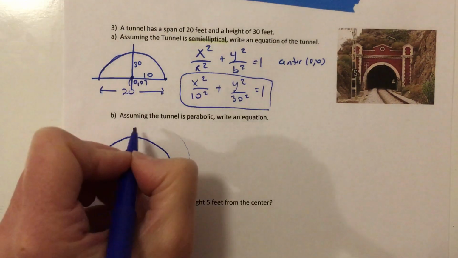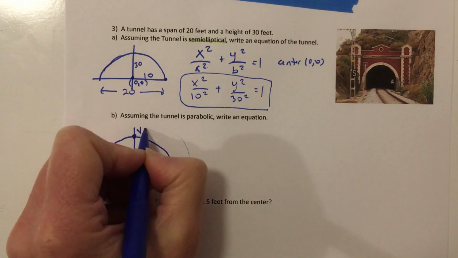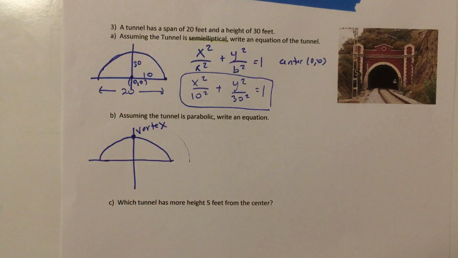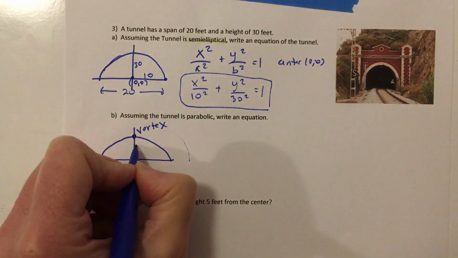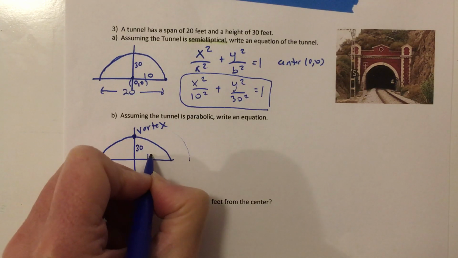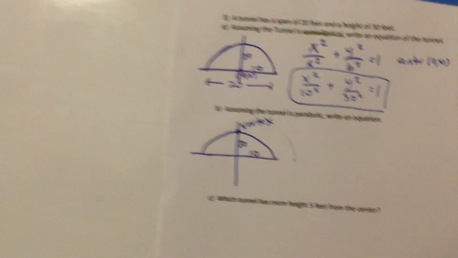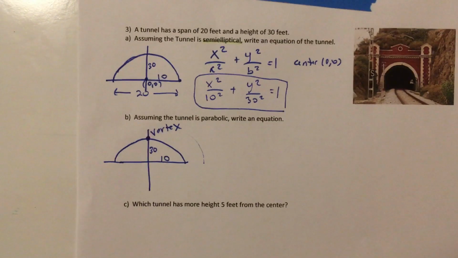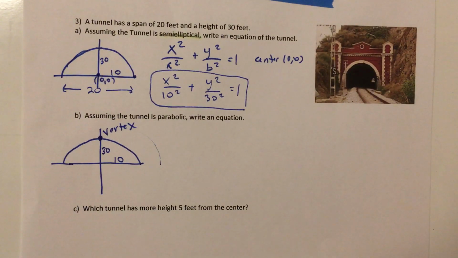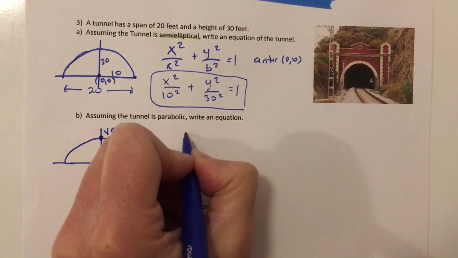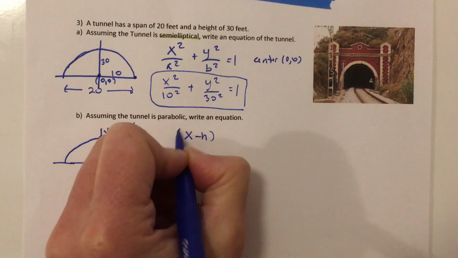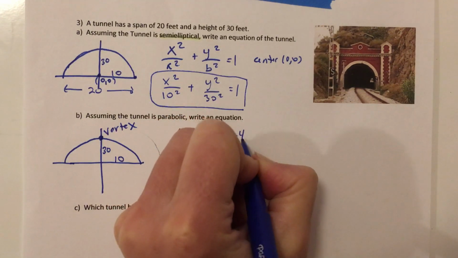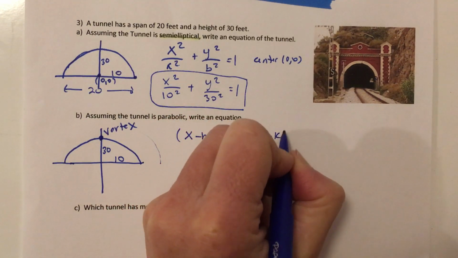So this is the top of my tunnel, so this is called the vertex. Remember, it's not called the center. The dimensions are still the same, so this is still 30 and this is still 10. Sorry, I just hit my camera. If you remember, the equation of a parabola opening down is x minus h squared equals negative 4a times y minus k.